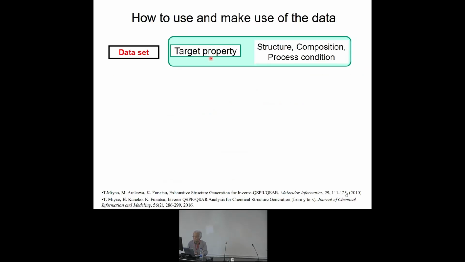So, this slide shows how to make use of data. Very simple slide. When I want to produce a kind of product with a desired property, we have to select necessary data from the main database. So this is the data set. The data set includes target property, and structure, composition, and process condition items.